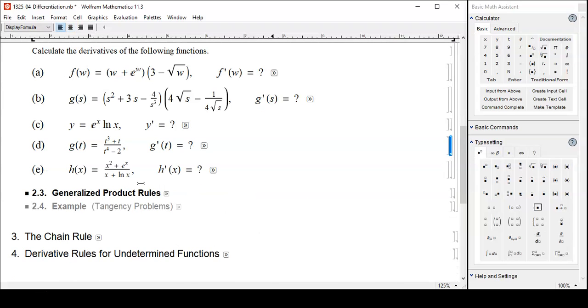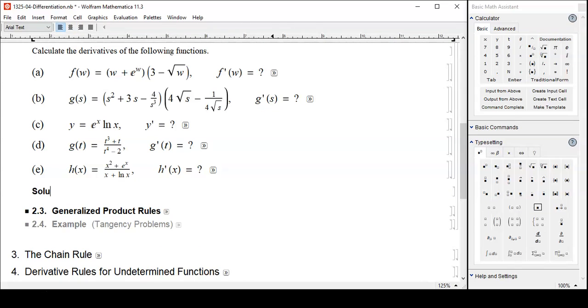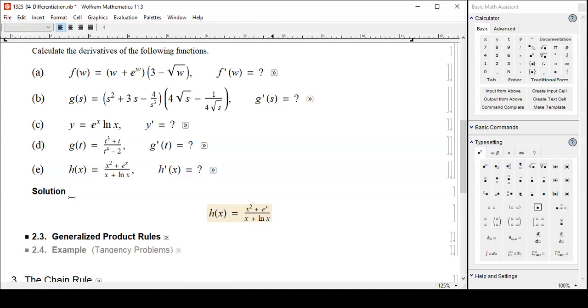Okay, let's do this once more. This problem here. Okay, the derivative is, first of all, the denominator squared. This one is so conspicuous that nobody misses it actually.